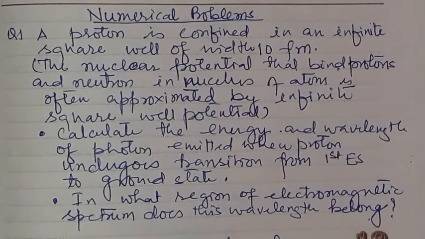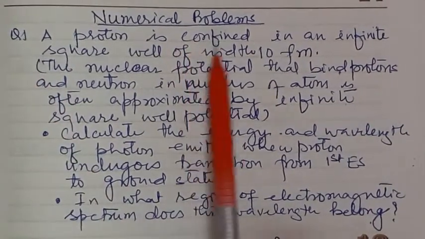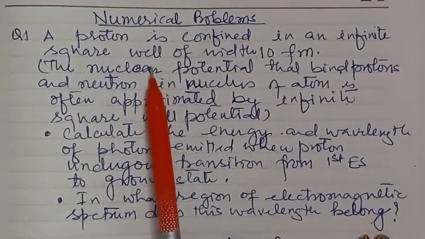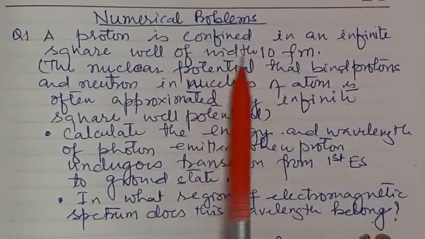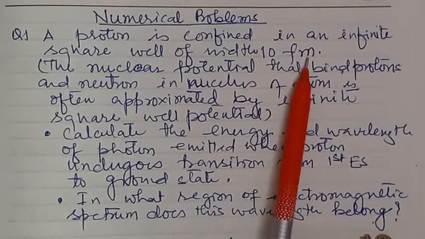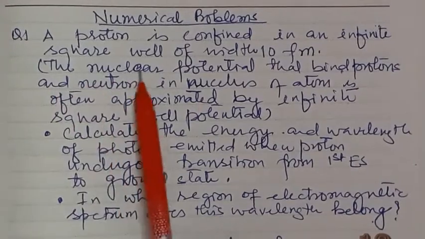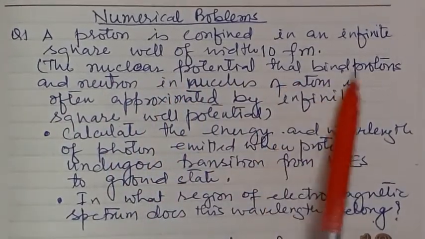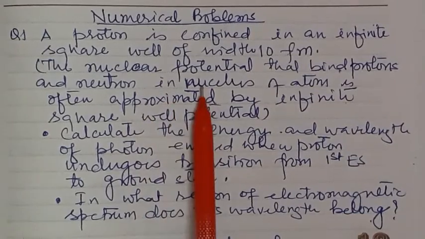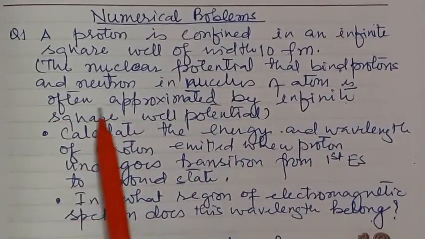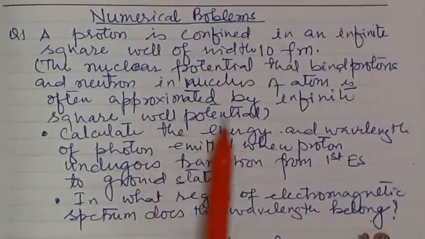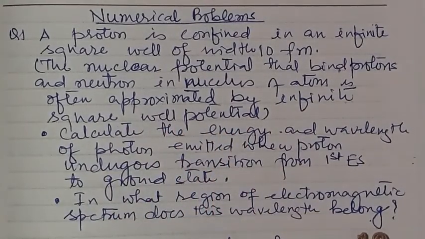The first question goes as: a proton is confined in an infinite square well of width 10 Fermi. Remember, the nuclear potential that binds the proton and neutron in the nucleus of the atom is often approximated by an infinite square well potential. Somewhere you will find this problem also stated as a free particle in a box, or the infinite potential well concept.